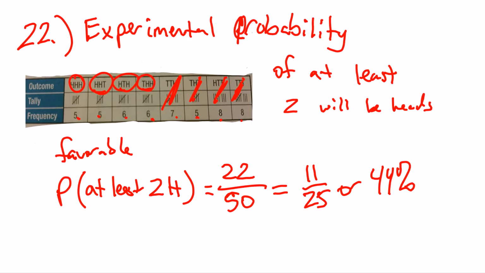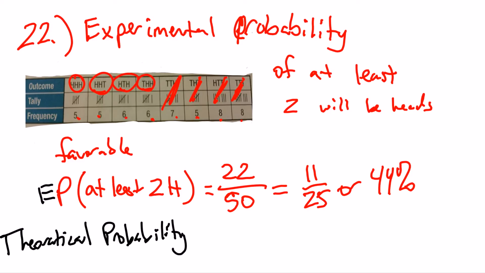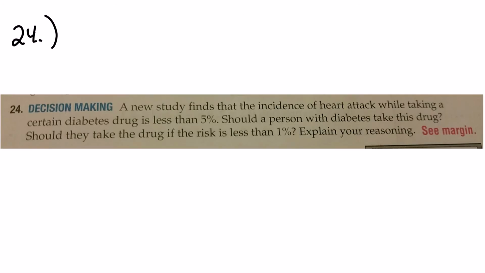Now, the theoretical probability, that's the part they want to talk about. So we can put an EP there for experimental because that's what actually happened. All right, the theoretical probability is, okay, there were 4 choices that worked and 4 that didn't. So there was 4 out of 8, which is 1/2. Okay, and that's why the theory said it's 50%, but the experimental is 44%.